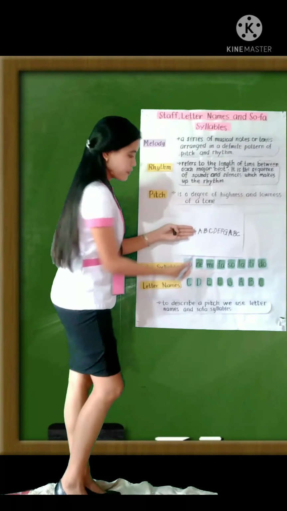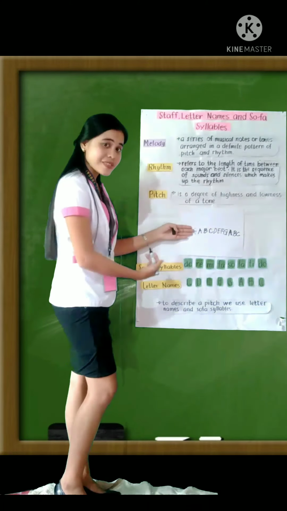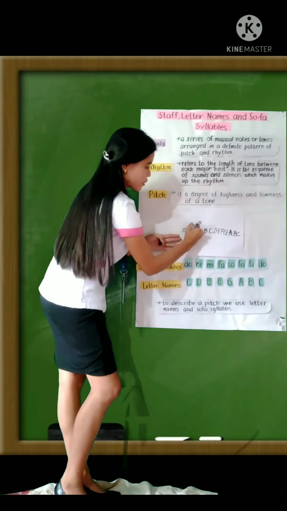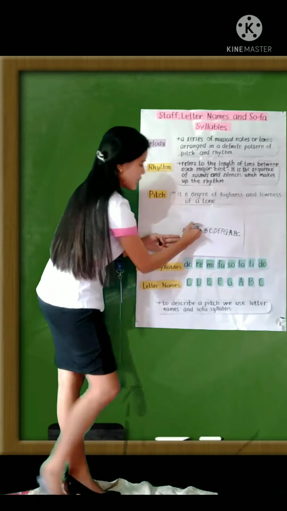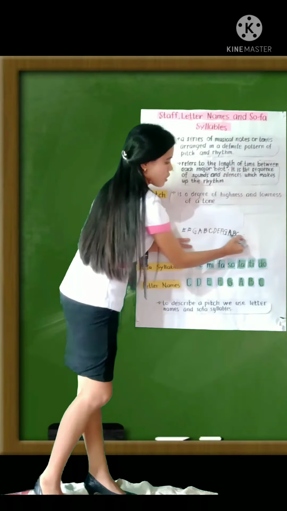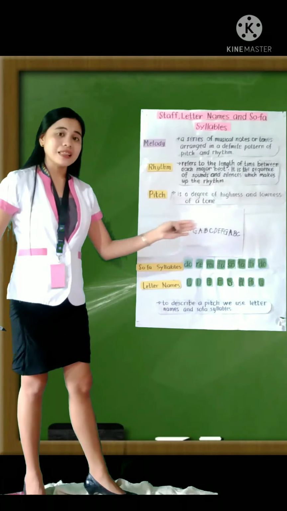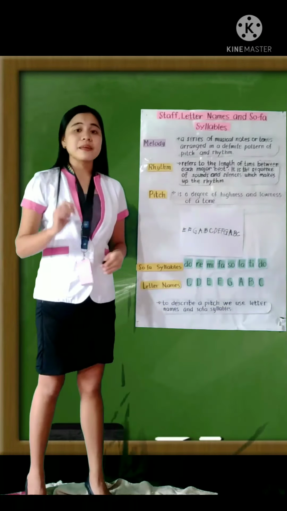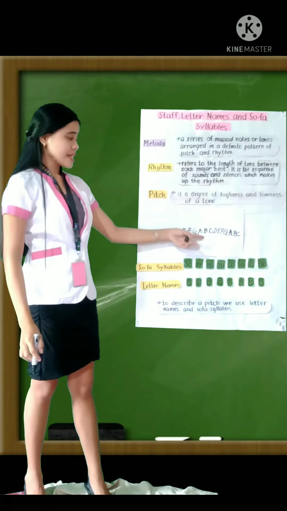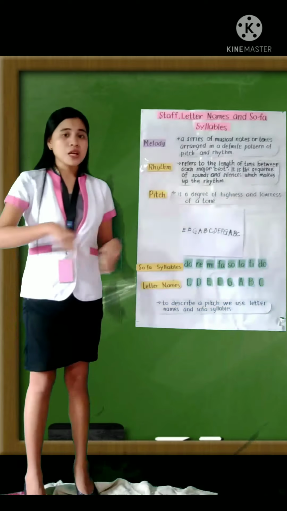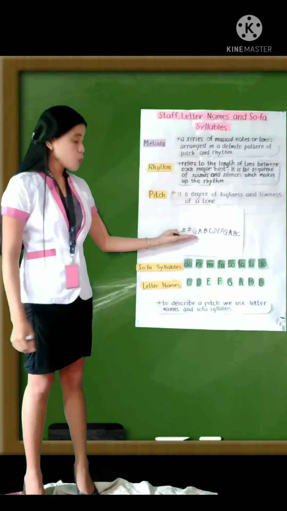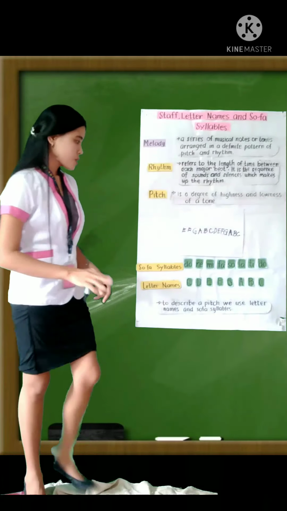So after this letter A here to the left side, we go back to letter G, letter F, and letter E. So as the letters go from the right to the left side, that means that the pitch goes higher. And as the letters here go to the right side, that means that the pitch goes lower.